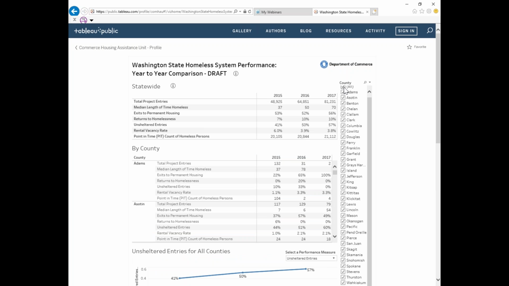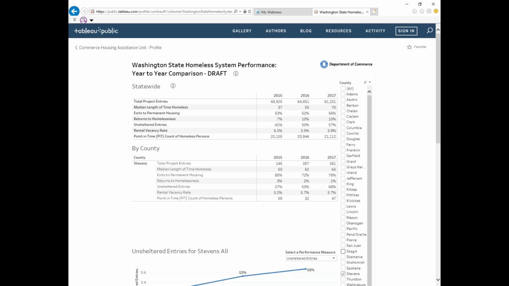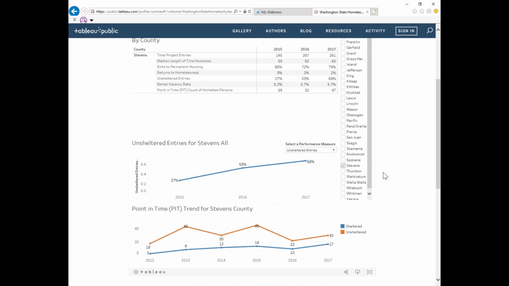So if you want to look at your county's data in this report, you would just select the county that you want to look at. There we go. And then it will show you the results for the county. I'm looking at Stevens County again.